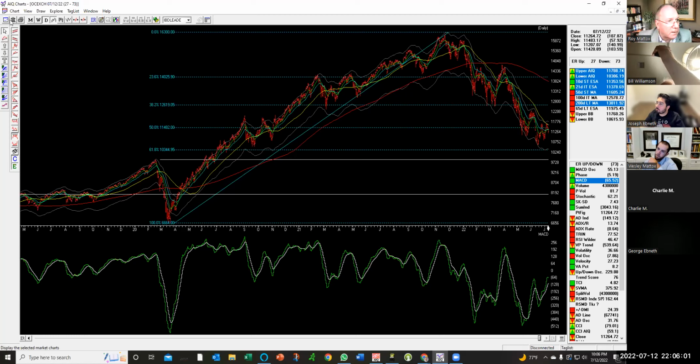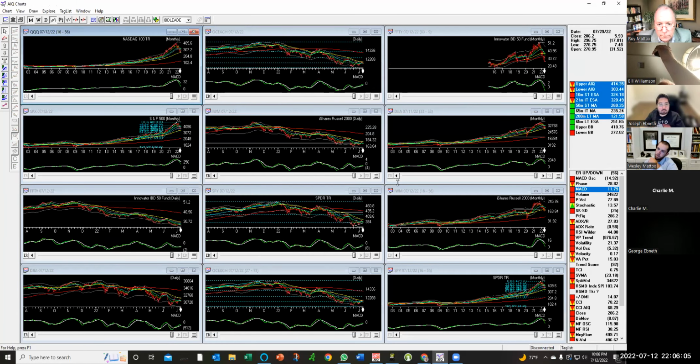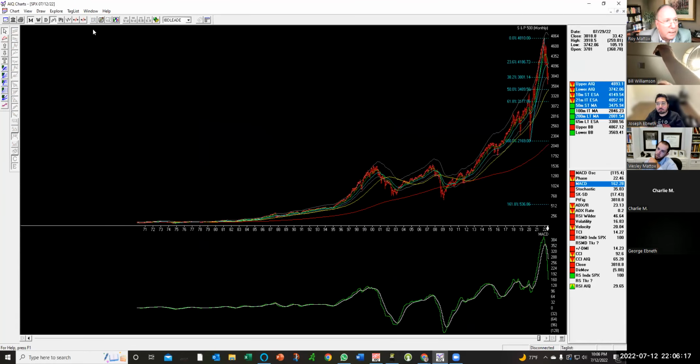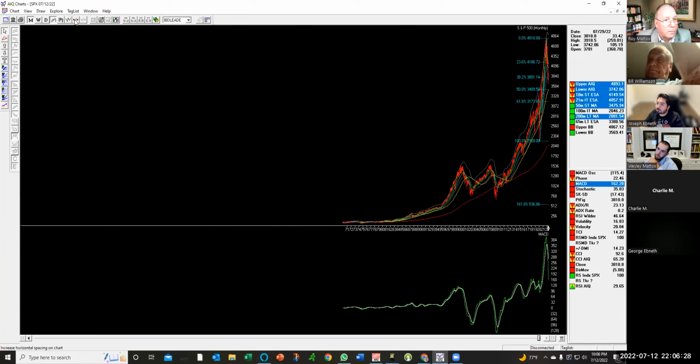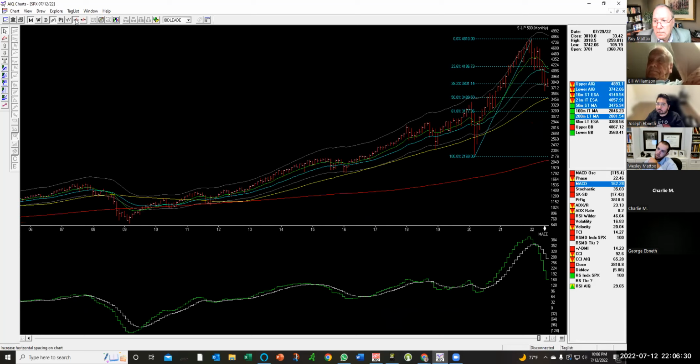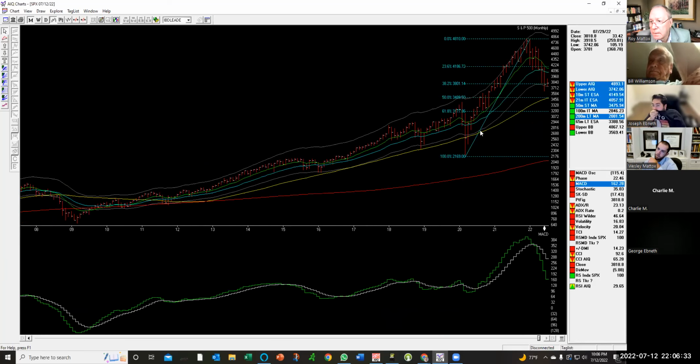And if you take a look at the S&P 500, these are the levels that you're looking at on the S&P.